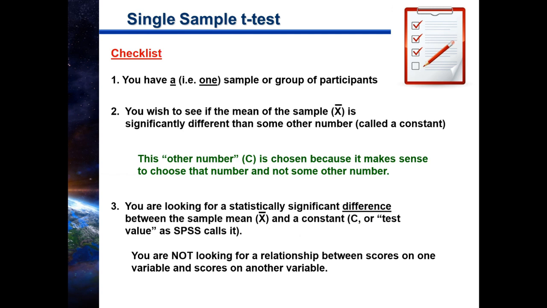You might not yet see that that's something different, so you might be thinking, well, what's the difference between looking for a difference among means versus a relationship among scores? That will be made clear to you later on. But if you could just remember that when we look at means, we are asking questions about differences, not relationships.